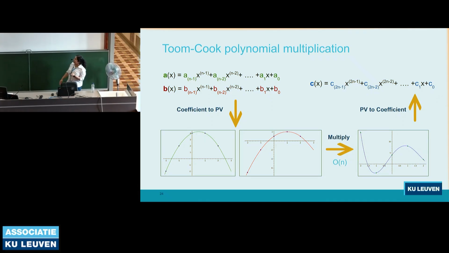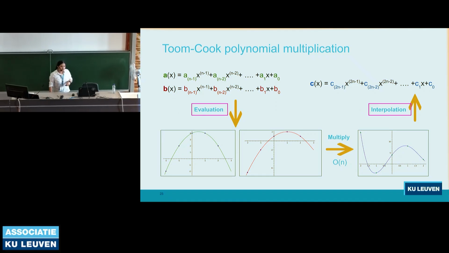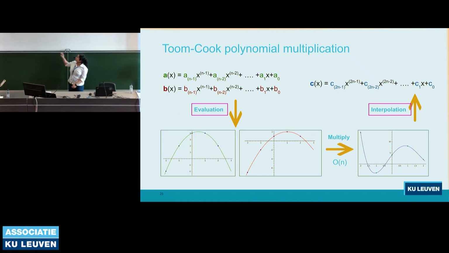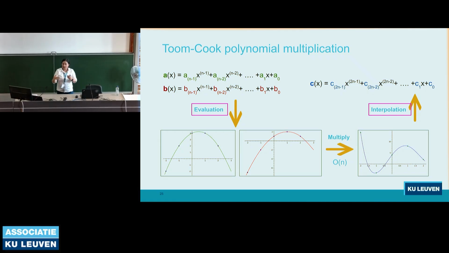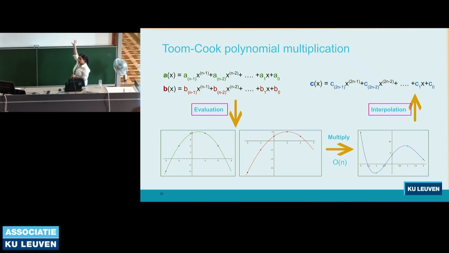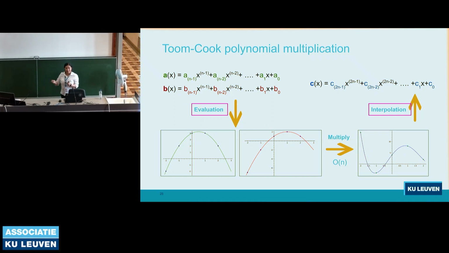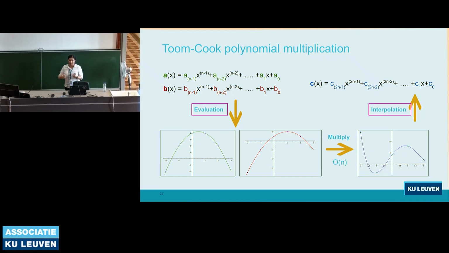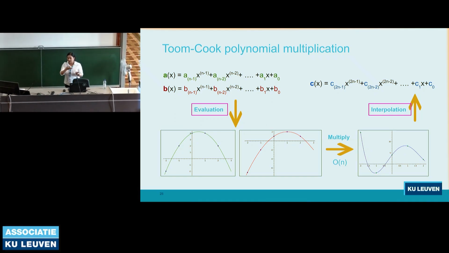This coefficient to point value conversion we call the evaluation technique, and for the inverse mapping, we call it interpolation. But it does exactly the same thing as we did manually in the beginning.